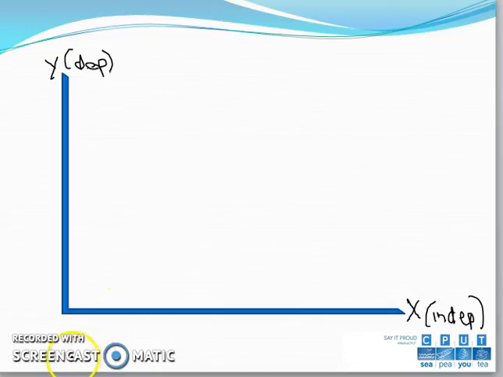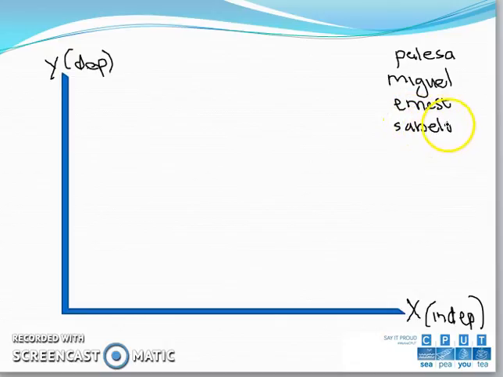And so if I take a sample, and I'm going to use a silly example, 5 students: Palesa, Miguel, Ernest, Zabello, and Jason.